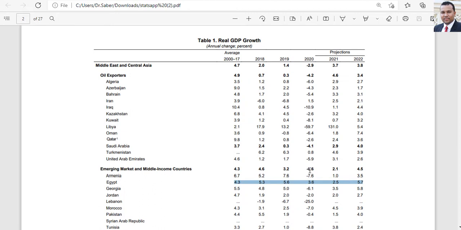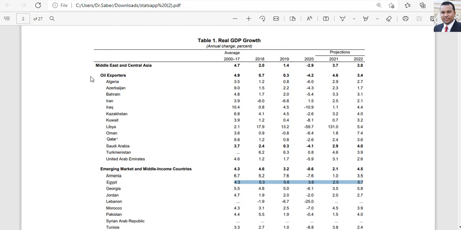What about projections in the year 2021? Yes, the growth rate for Egypt 2.5, but still greater than the average for emerging market and Middle East. What about forecasting for the year 2022? Yes, this is still Egypt 5.7%, but greater than the average.